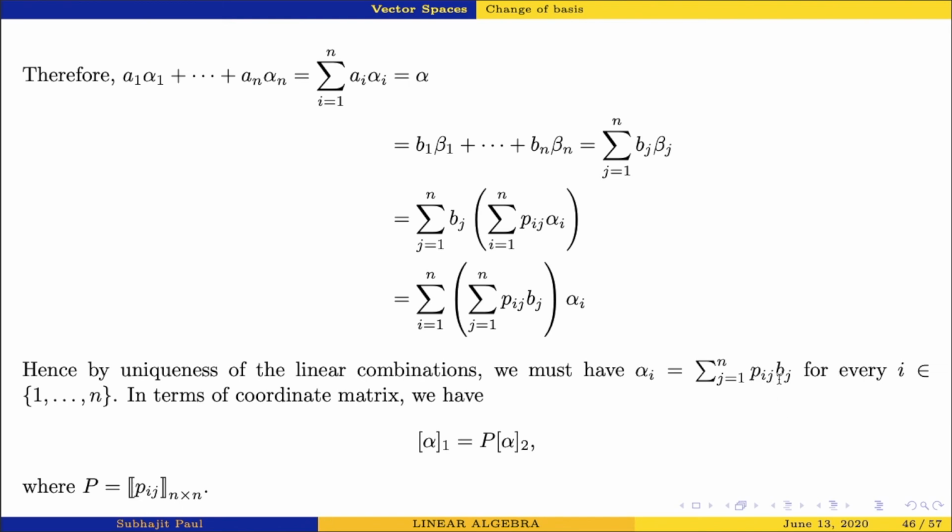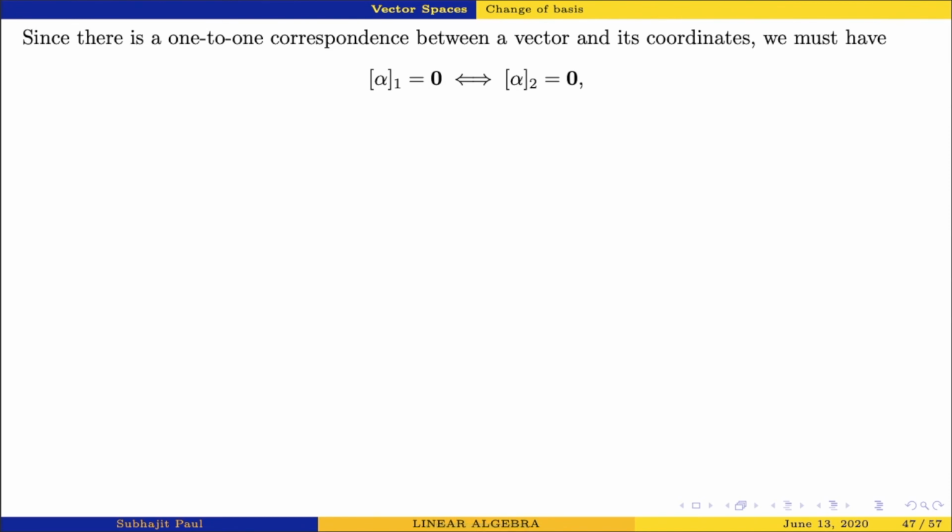Okay, this is the row wise multiplication of this P_ij into the coordinate column vector of alpha with respect to B2, column vector actually. Fine.